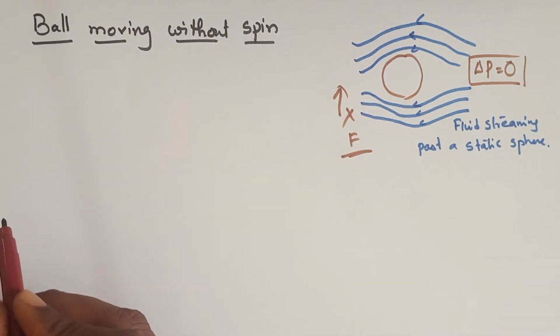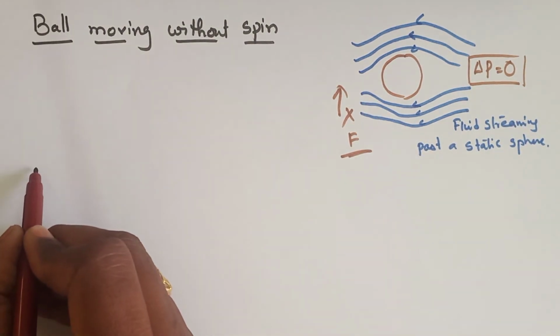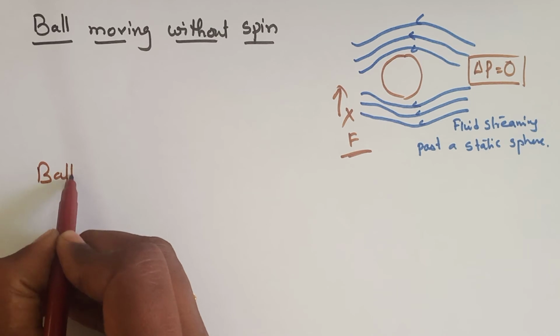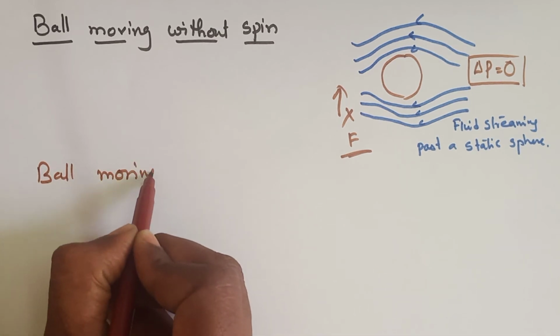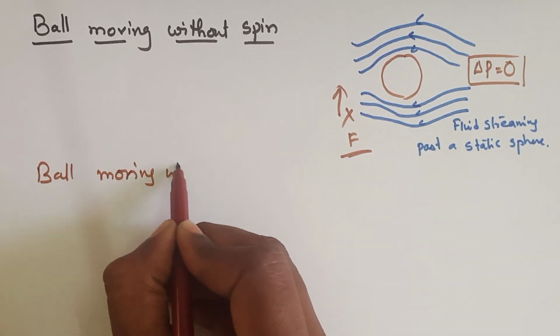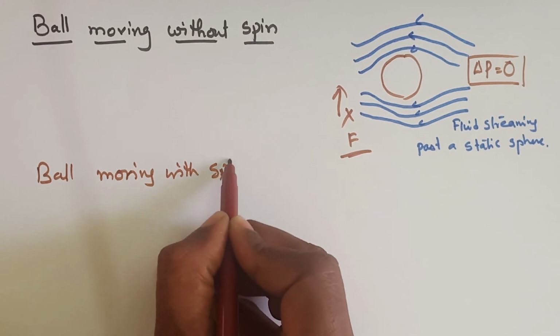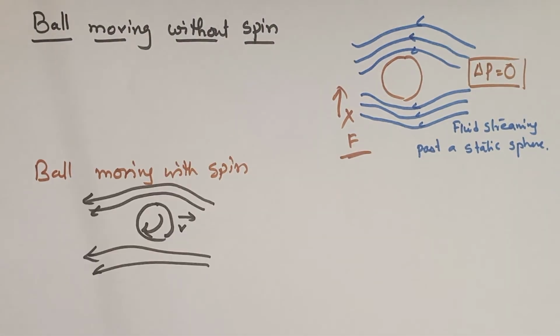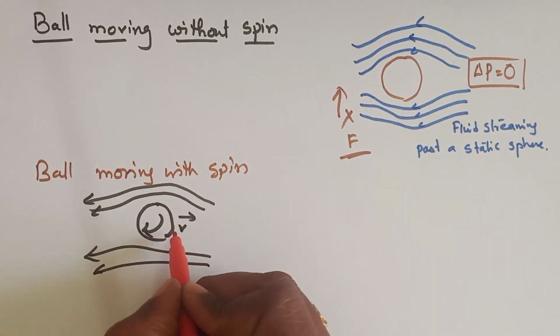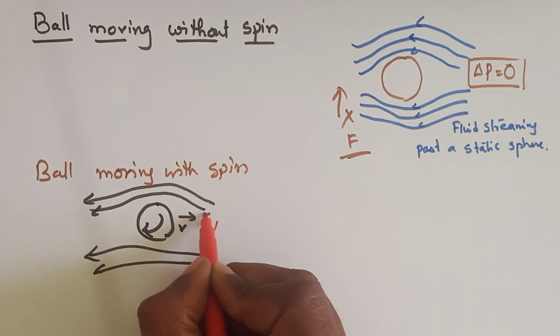Now let's see the ball moving with spin. Here the ball is spinning in the clockwise direction.